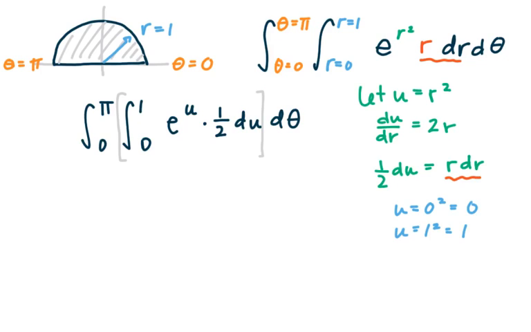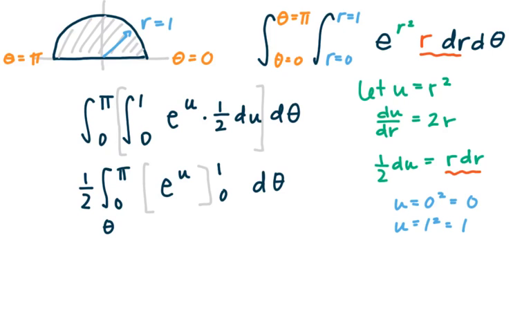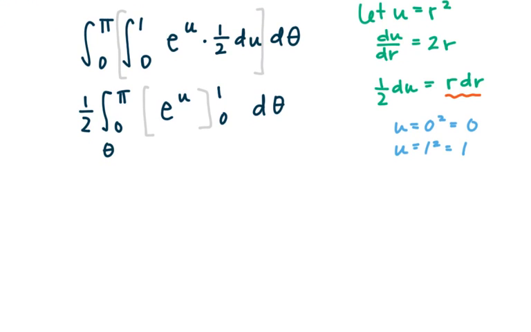So now if we look at integrating this, I'm going to pull my 1/2 out in front. I'll still have my integral from 0 to pi, and those are in terms of theta. And then integrating e to the u du is just e to the u. So I have e to the u, and I need to evaluate that from 0 to 1 before I can determine my second integral.